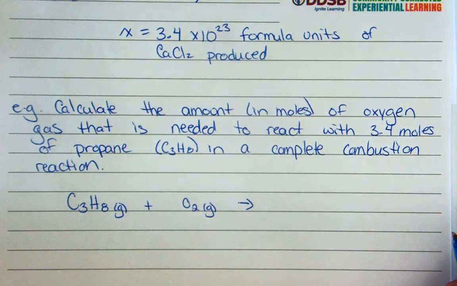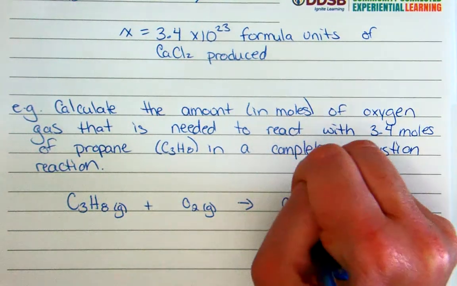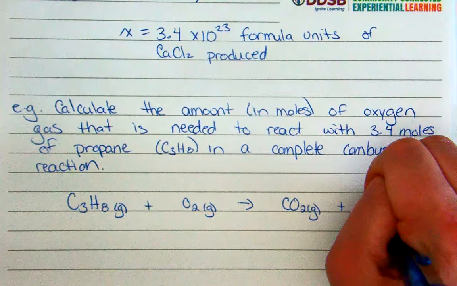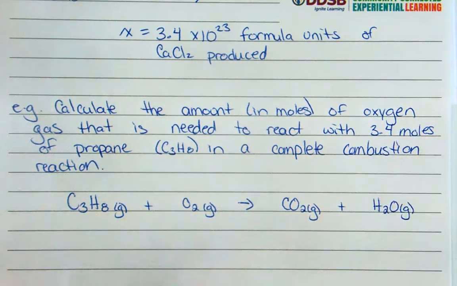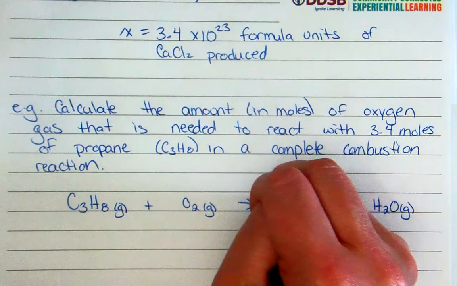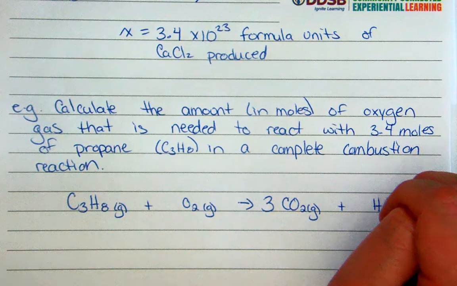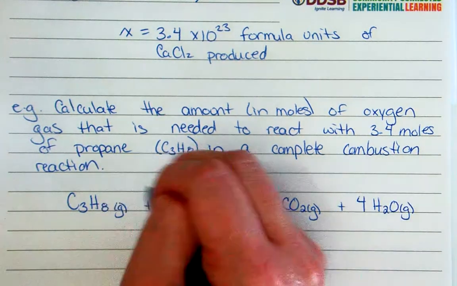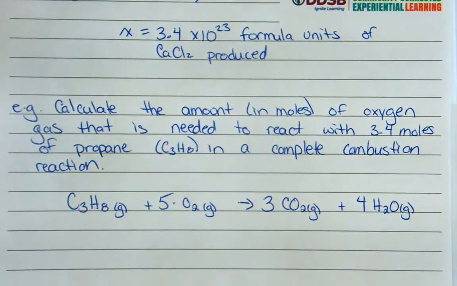Okay, so remembering that complete combustion, we have our hydrocarbon burning in oxygen to produce carbon dioxide gas and water vapor. Combustion is hot, so we're not going to have liquid water after. Balancing it out, we're going to have 3 carbon dioxide, 4 waters, and 5 oxygen.